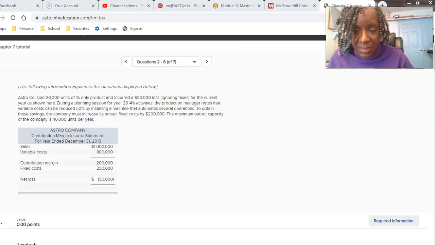To obtain these savings, the company must increase its annual fixed cost by $200,000. The maximum output capacity of the company is 40,000 units per year. So if you can see here, the sales are $1 million, variable cost is $800,000, contribution margin is $200,000. With the fixed cost of $250,000, you have a loss of $50,000.